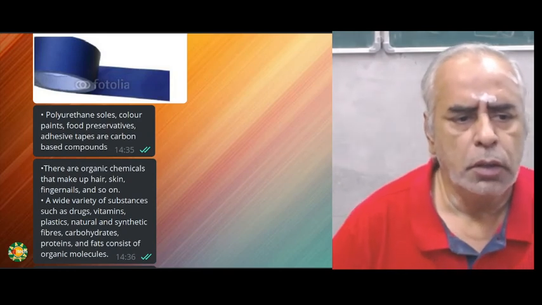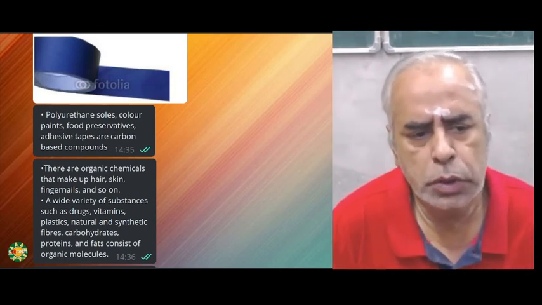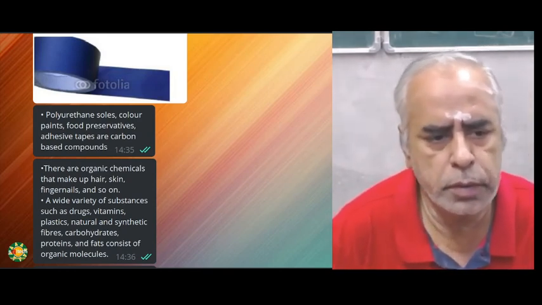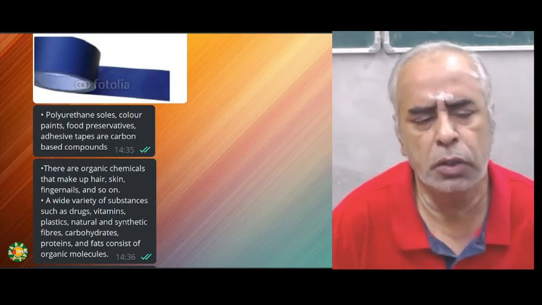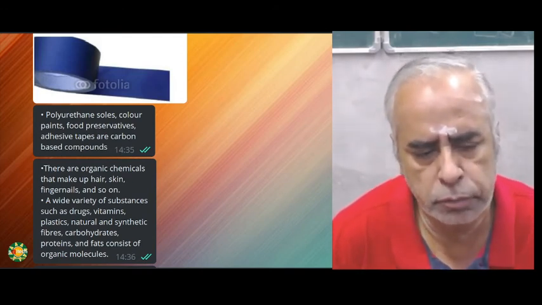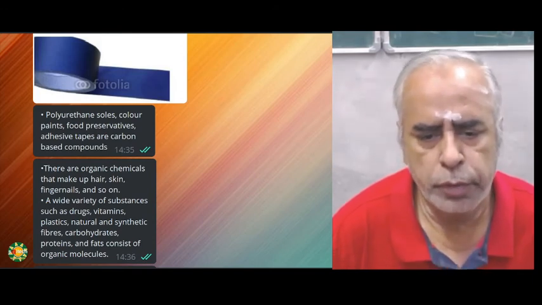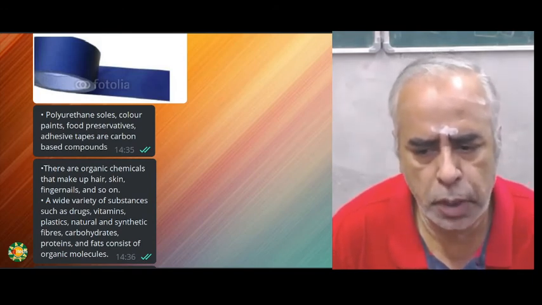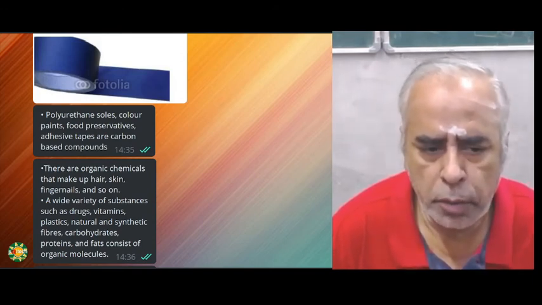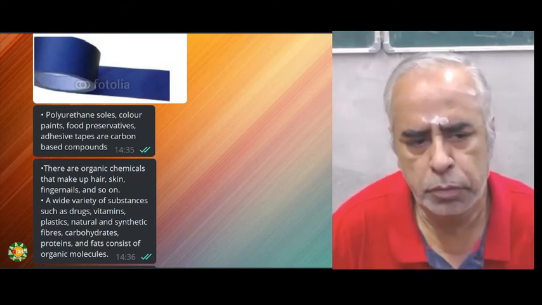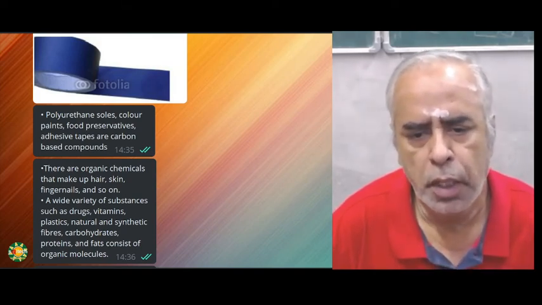In fact, these polyurethane soles, color paints, food preservatives, adhesive tapes, all are carbon-based compounds only. In future, when you go for higher studies, you will be studying organic chemistry as a separate paper. It is a separate branch of study. It is something like an ocean.